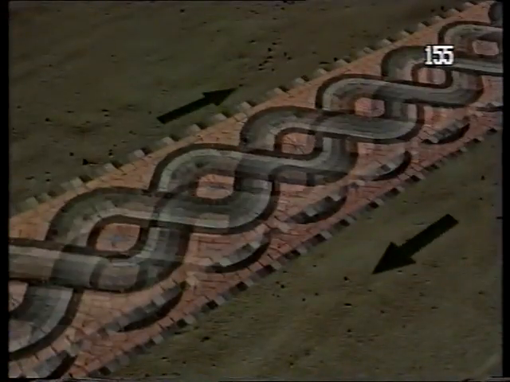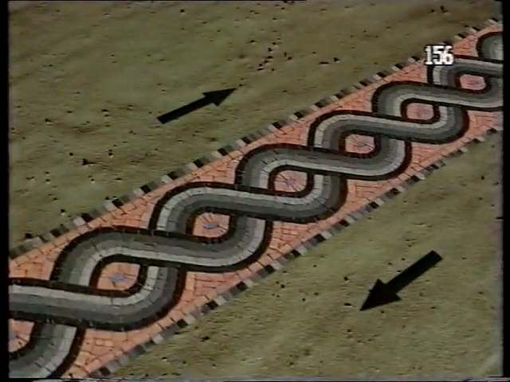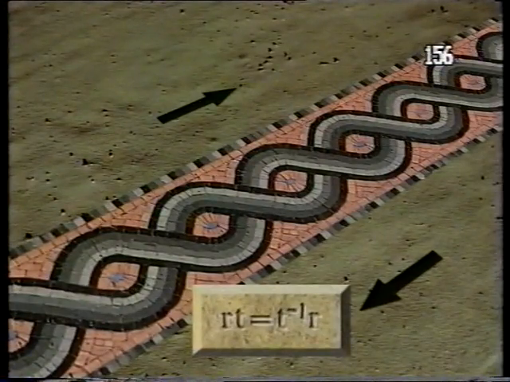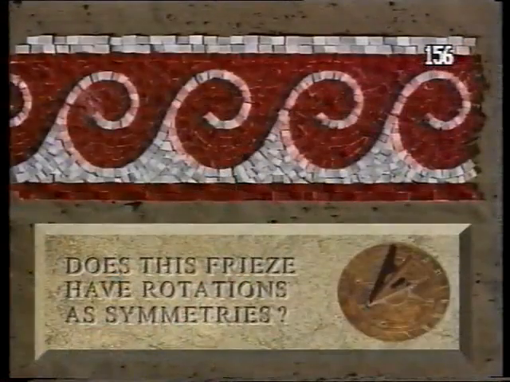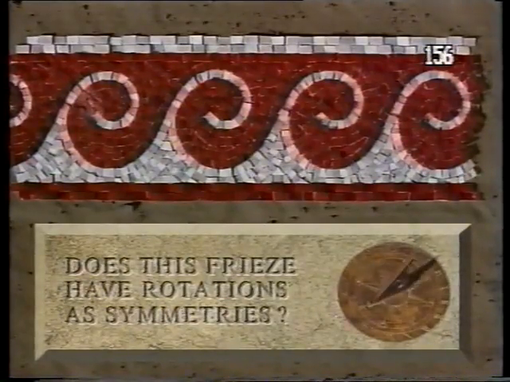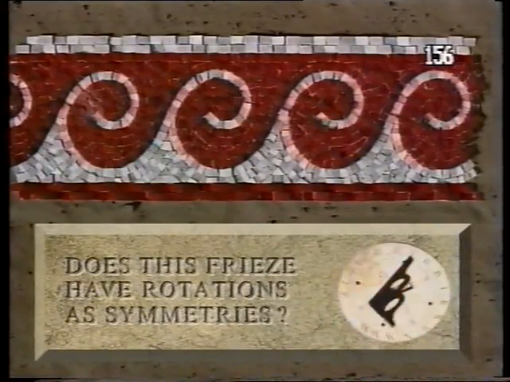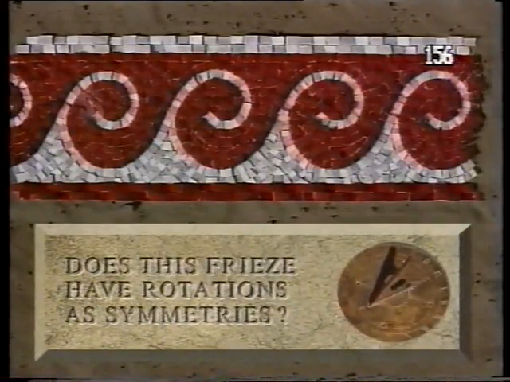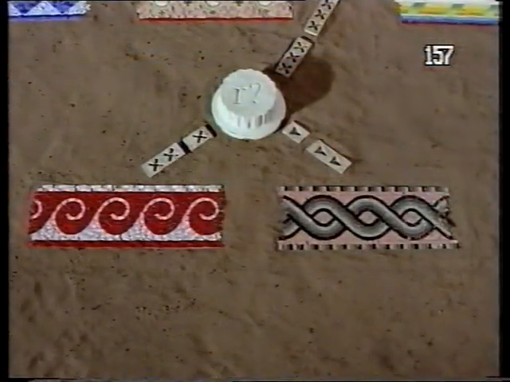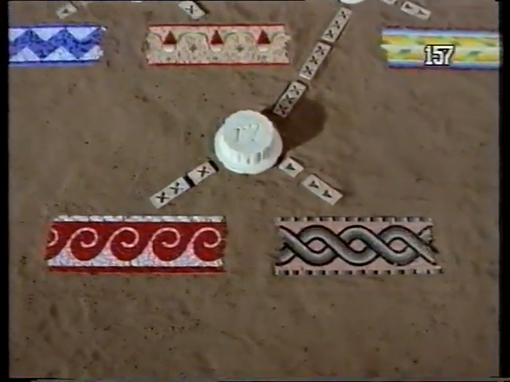It becomes a displacement to the left. So we have the relation RT equals T inverse R. Does the other frieze we've got left have any rotations as symmetries? It doesn't. So its symmetry group will be different. It's a different type. We've now run out of symmetries to check for.